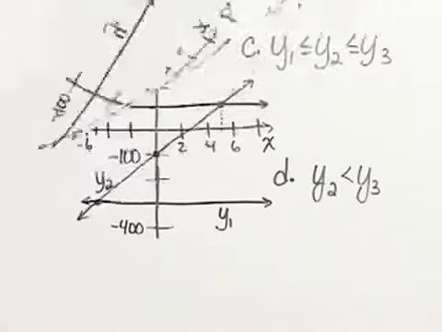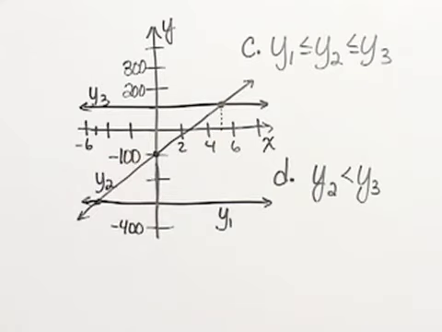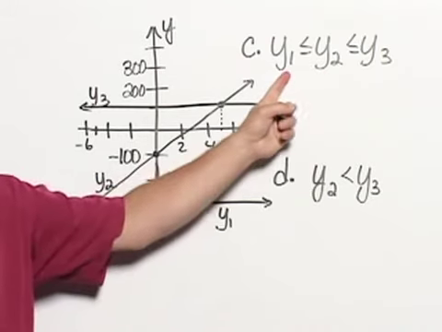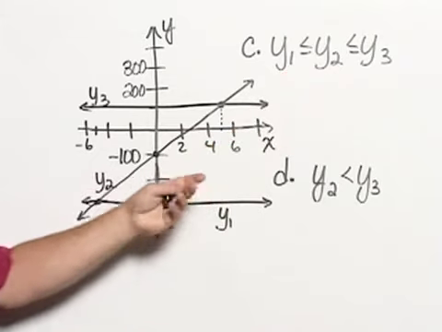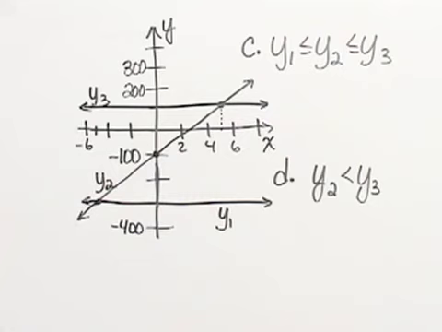For part C, we have y sub 1 is less than or equal to y sub 2, which is less than or equal to y sub 3. So what we're interested in here is, when is y sub 2 greater than or equal to y sub 1? Or alternatively, when is y sub 1 less than or equal to y sub 2?